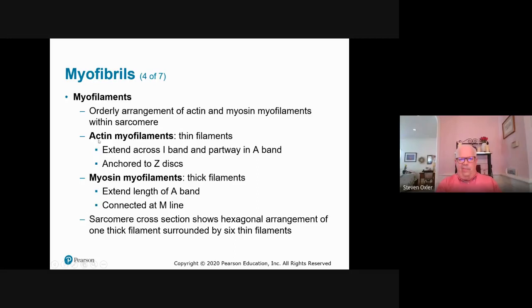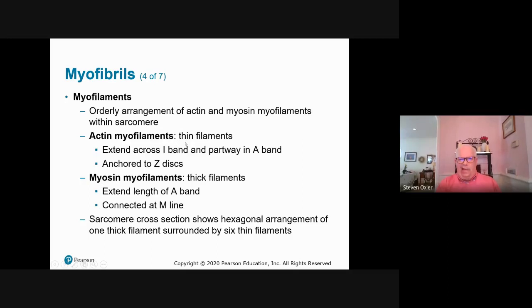These are the structural filaments of the myofibril. The thin filaments are called actin. The thick filaments are called myosin. I don't really care if you know where they are, that's not important. Just know that the structural filaments are actin and myosin.